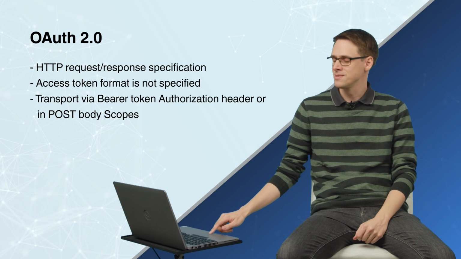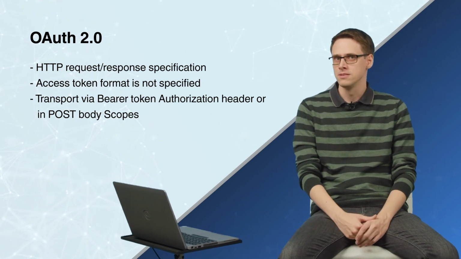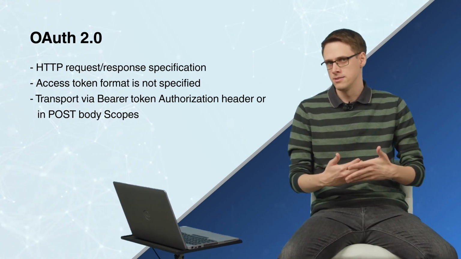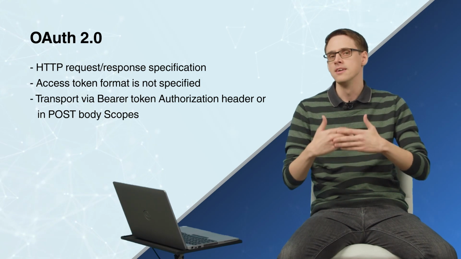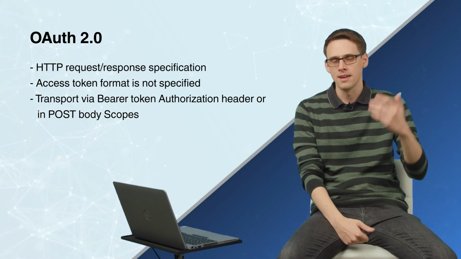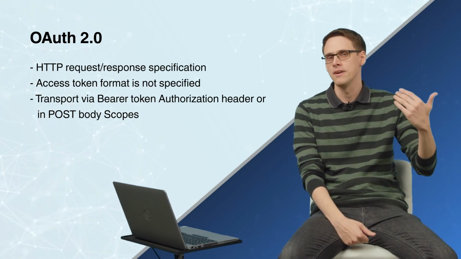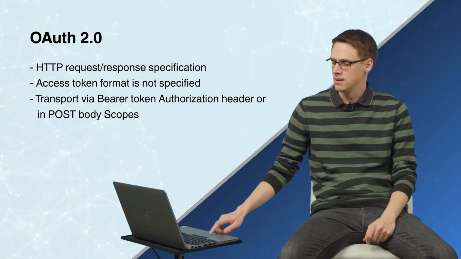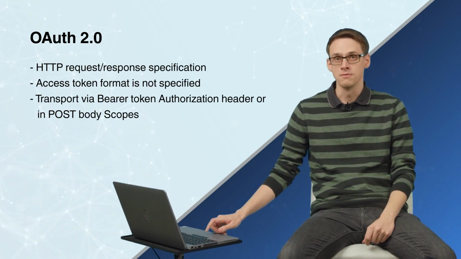OAuth 2.0 does not specify the scopes. The service providing them says which ones are there, because there is no reason, for example, to have a calendar access scope for a service which does not provide calendar data. So that's not specified.